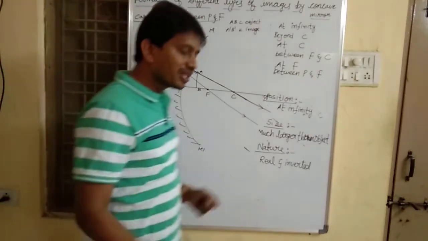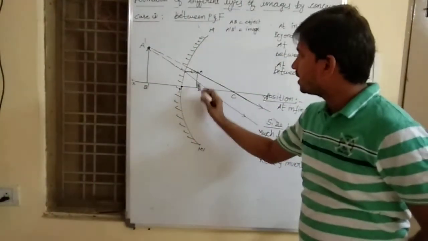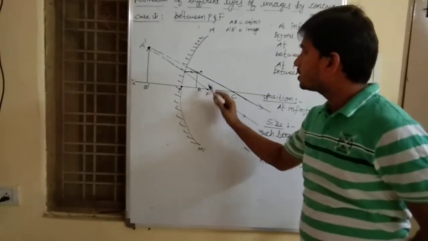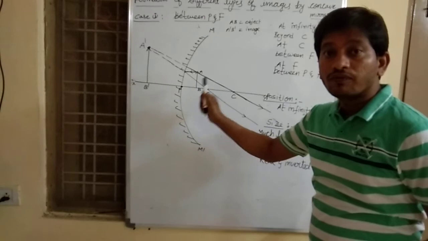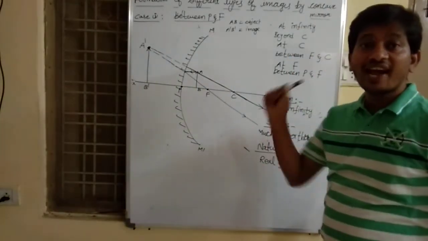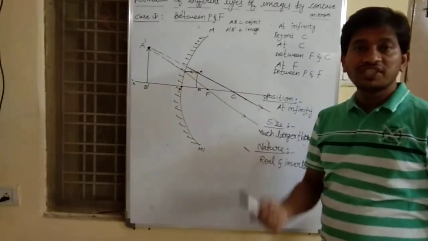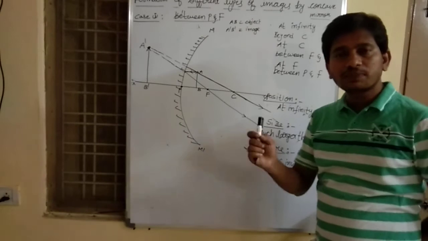So, an important case: if you place an object between pole and focus of a concave mirror, where do we get the image? We get the image on the back side of the mirror, behind the mirror, which is a special case in a concave mirror. Why is it a special case?